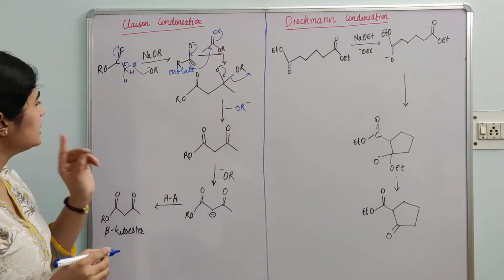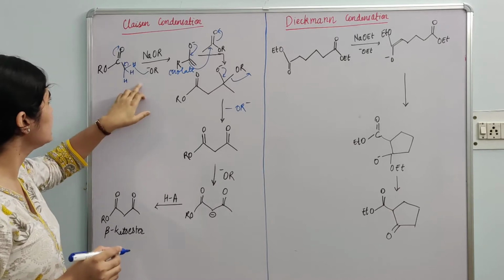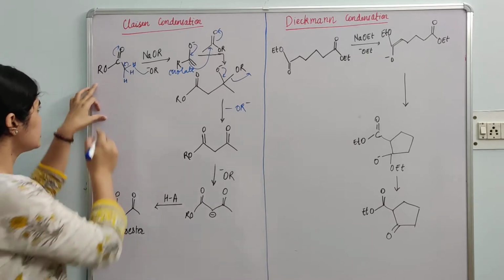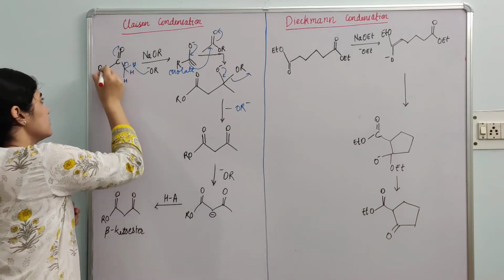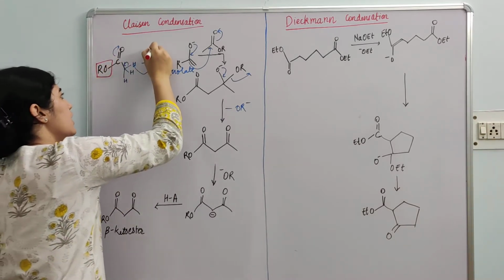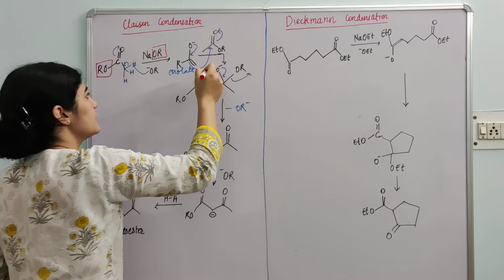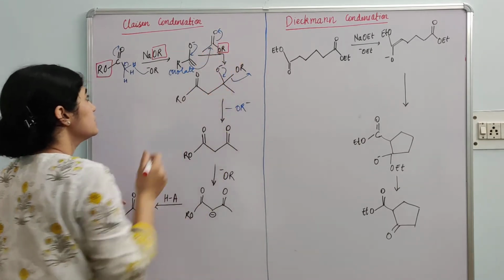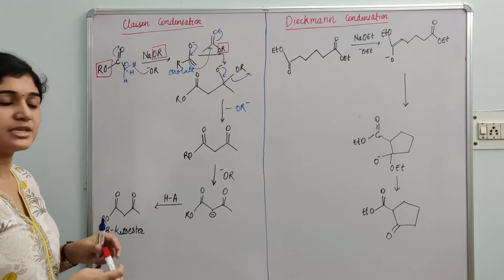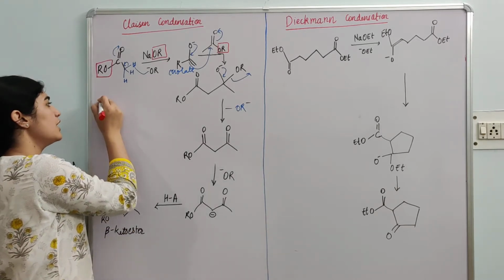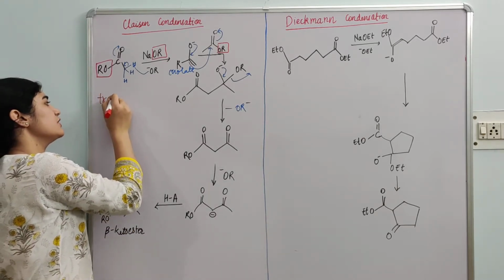Now there is one thing that you need to keep in mind. The alkoxy group attached in your ester and in your base as well as another molecule of ester, these need to be the same, because esters have a tendency to undergo transesterification.